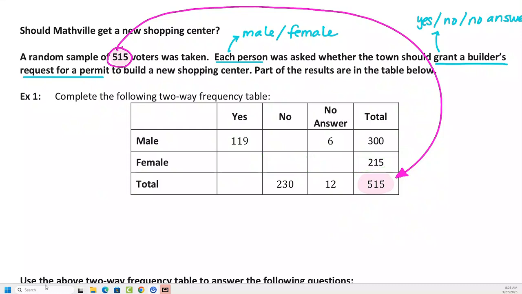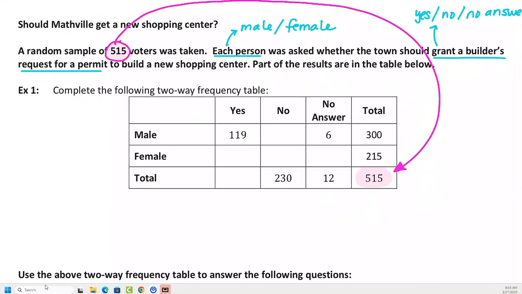Also the columns should add up to whatever number is down here. For this column, it's 6 plus whatever is here plus the 12, equals 12. All right, so let's complete this table.